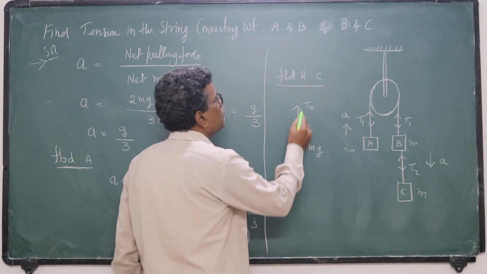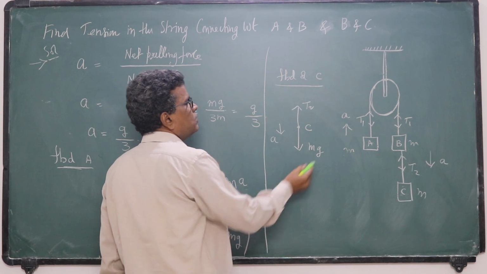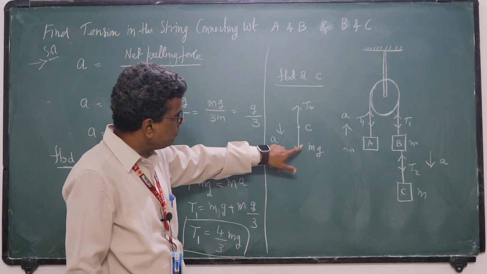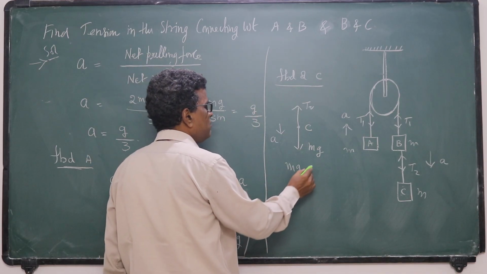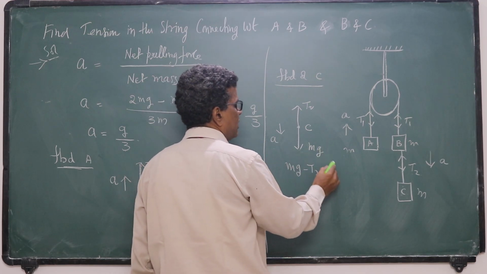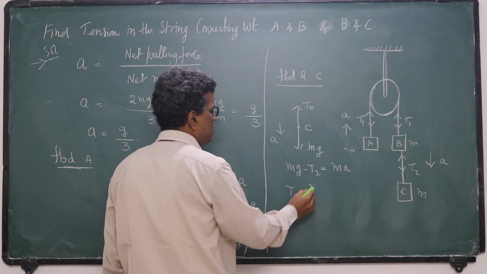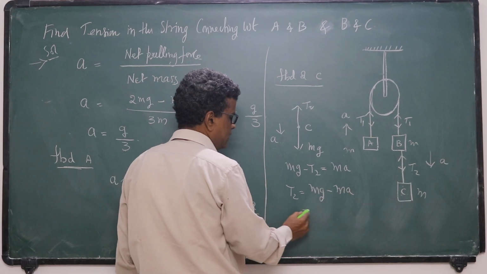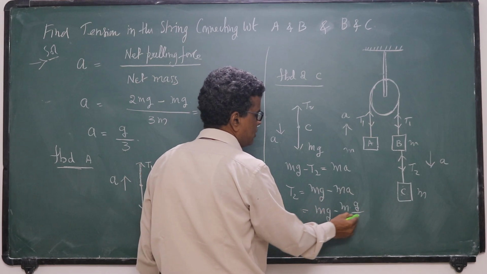Okay. So this C body ultimately moving down. So apply Newton's second law. Here it is moving down. So you write down minus up. So resultant force down is mg minus T2 is equal to ma. Okay. We want T2. So T2 is equal to mg minus ma. So what is a? m into a. a is g by 3.